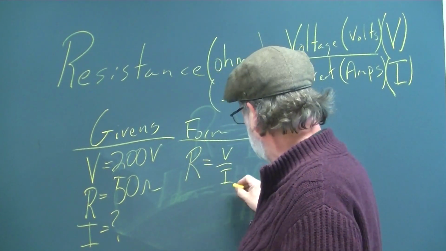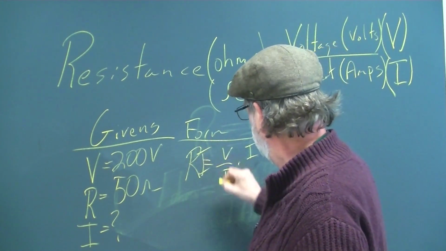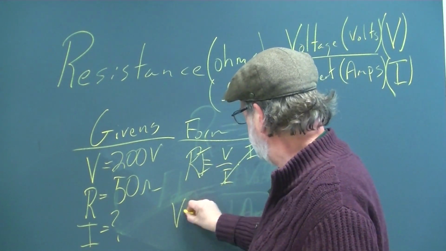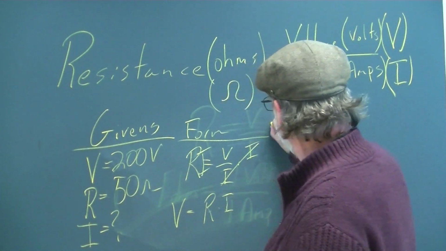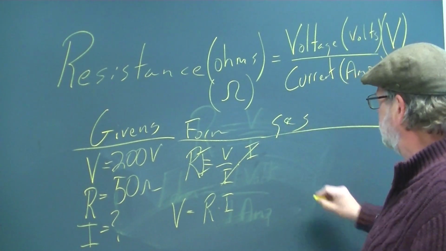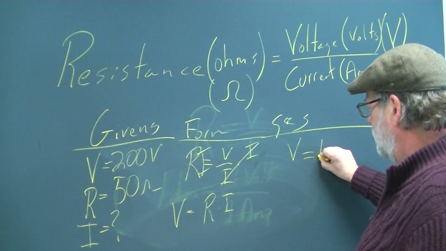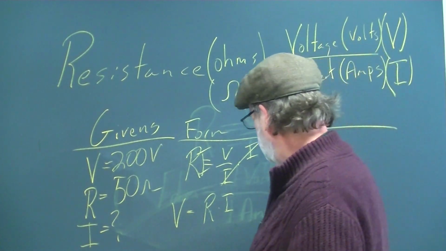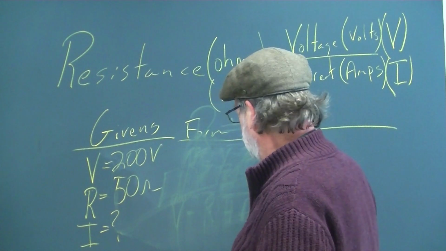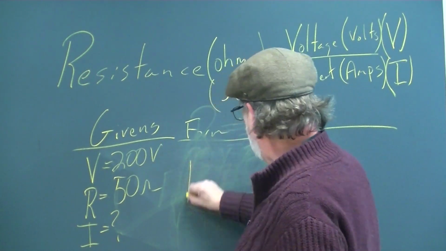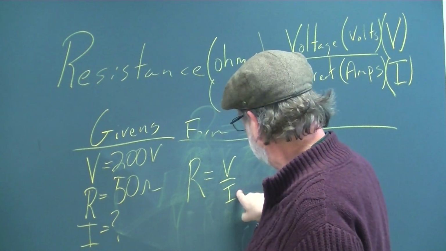We need to solve for I, so if we multiply both sides by I, V equals resistance times current. Let me redo that. R equals V over I. I'm looking to solve that.